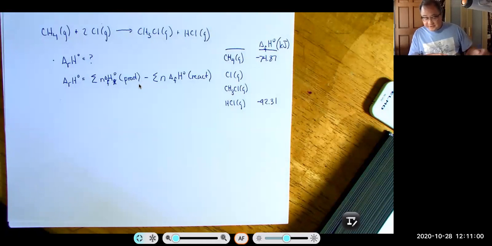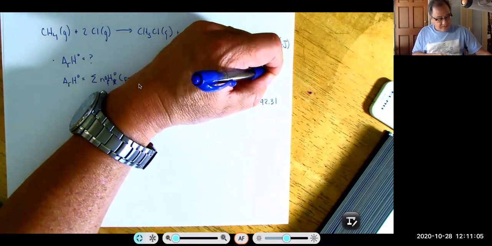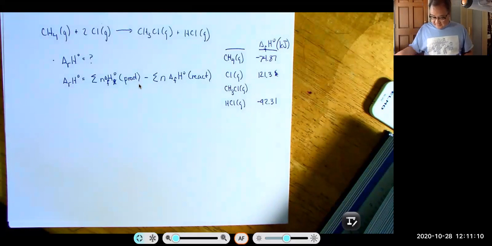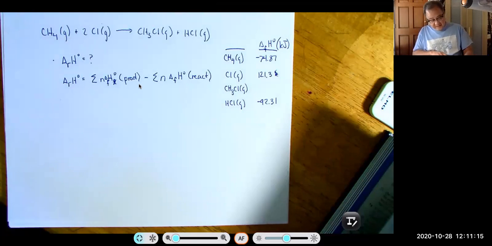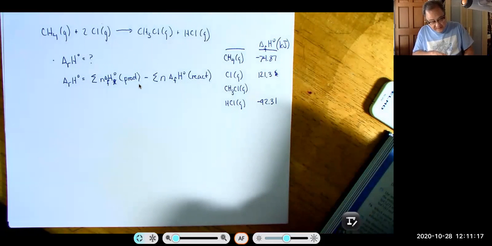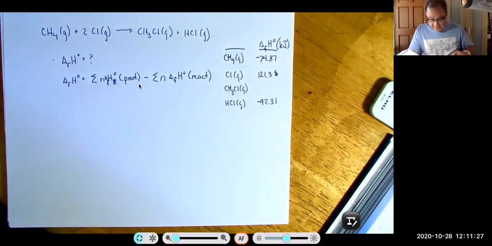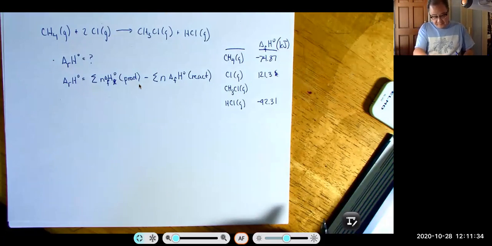Cl is... and I'm going to look one more time for the CH3Cl. And I don't find it. So maybe it's in the book somewhere in the chapter, which is a shame.